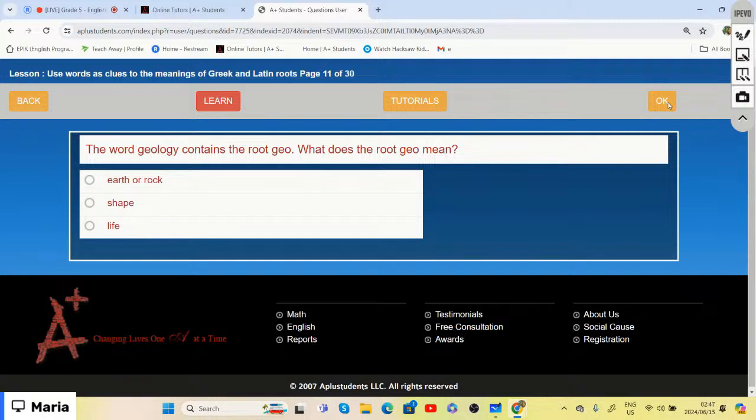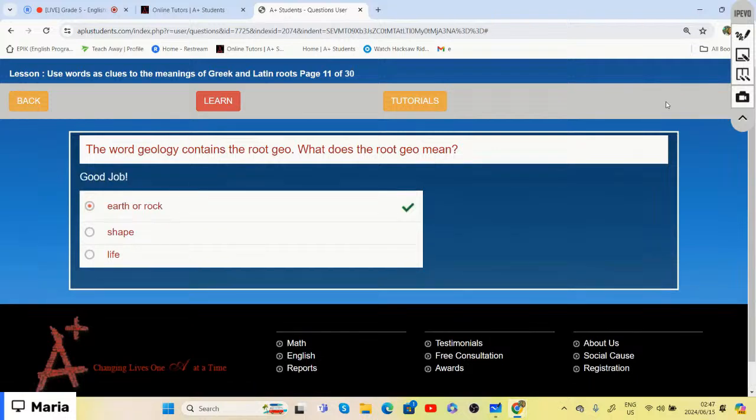Is it to do with earth or rock, shape or life? All right, so geology is to do with earth and rock.